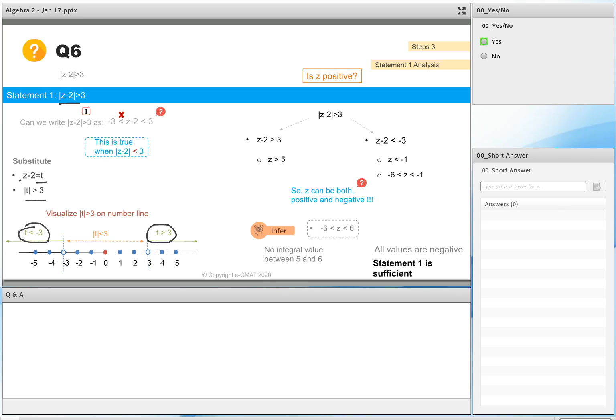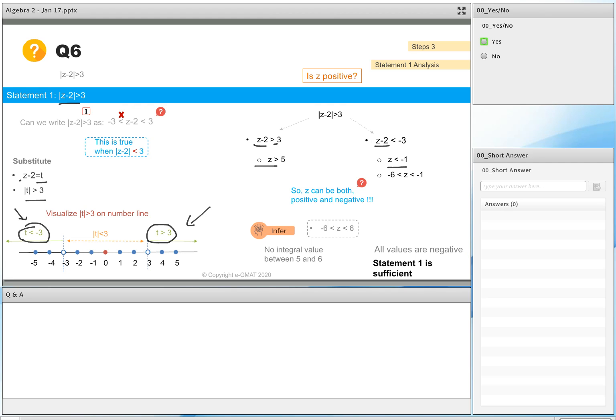Once we do that, there are two possibilities. One is z minus 2 is greater than 3, which is this case over here. The second case is z minus 2 is less than -3. From the first case, we see that z is greater than 5. From the second case, we see that z is less than -1.